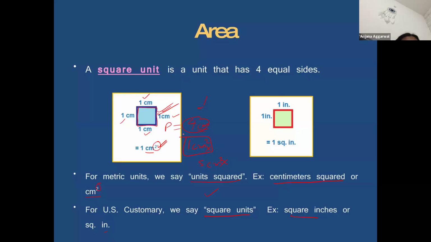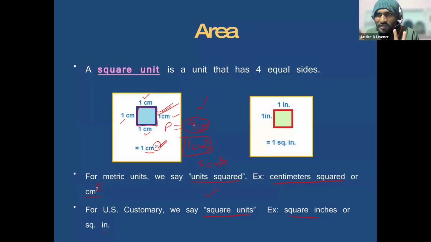Okay, once again, I'm just telling you, understand the stuff. Whenever we are talking about a square unit, what is a square unit? Understand that first.